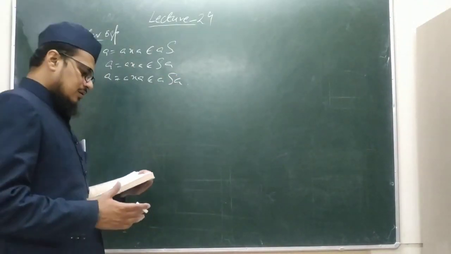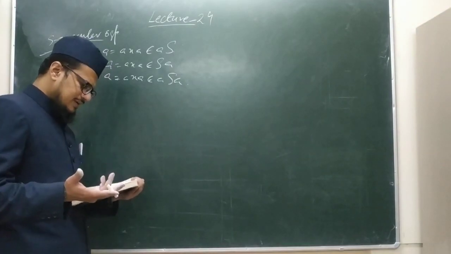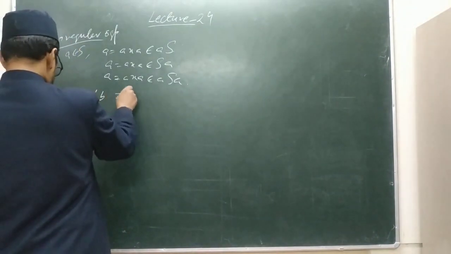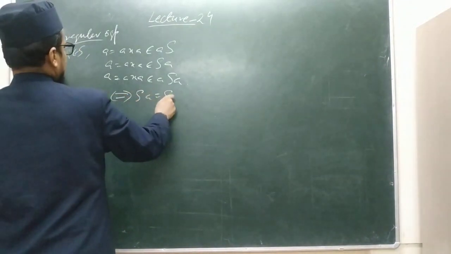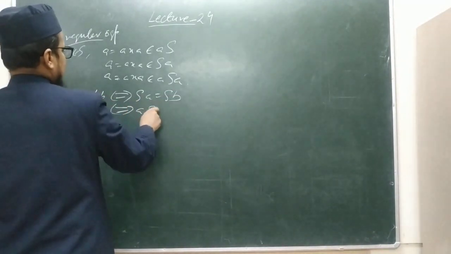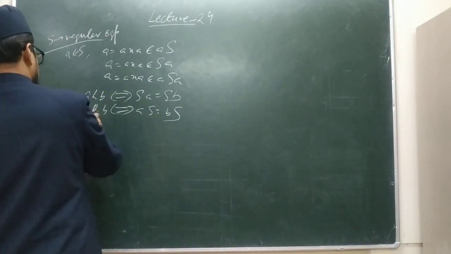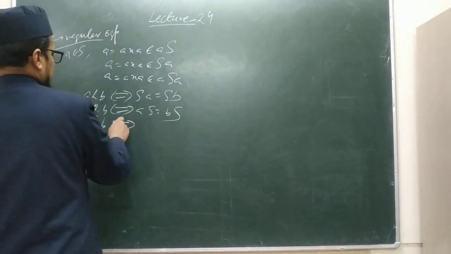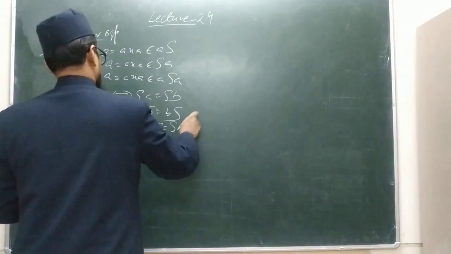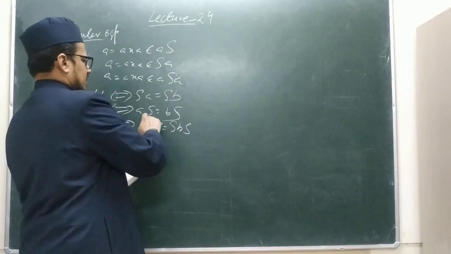So we can drop all references to S1, isn't it? We simply say that ALB if and only if SA is equal to SB. ARB implies AS is equal to BS. AJB implies SAS is equal to SBS.